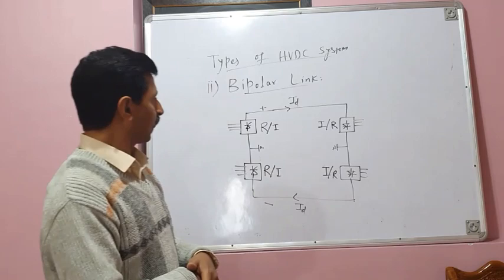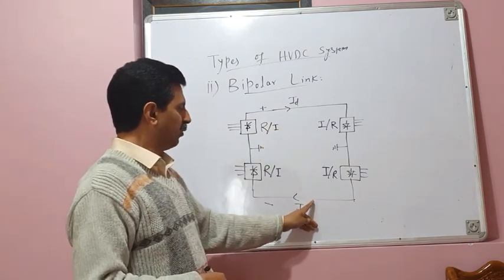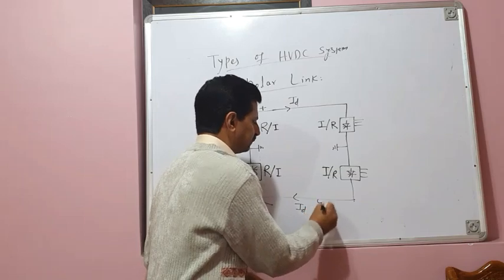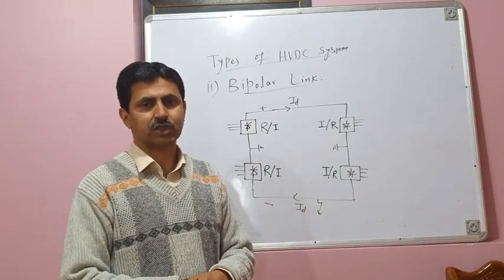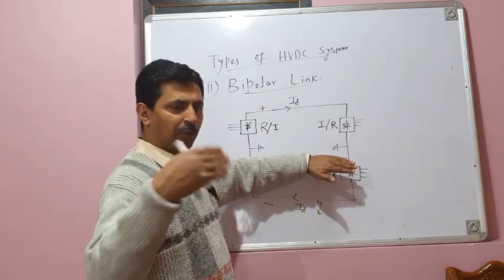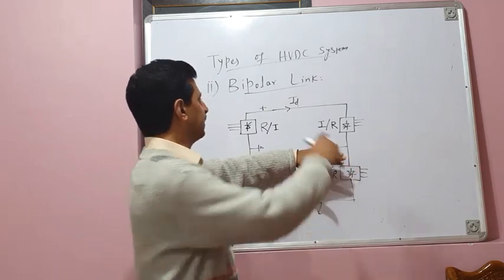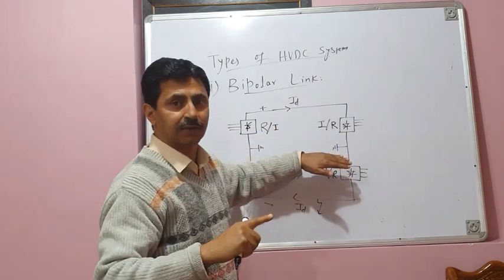However, in the event of a fault on either of the two poles, let's suppose there is a fault on this pole. So this pole is out of service. It has tripped because of the fault. However, you can still transmit power over the system using ground as the return path. This pole has not developed any fault.